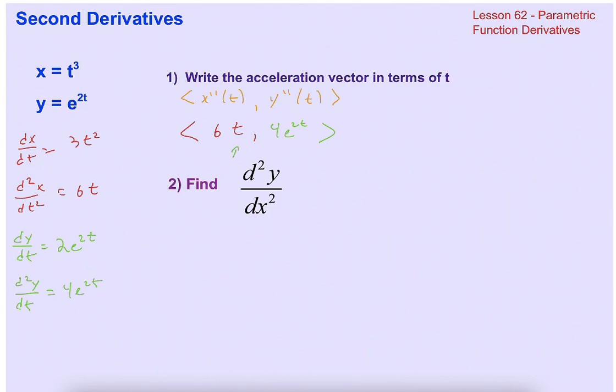Those are pretty straightforward. The trickier one is the second derivative of y with respect to x. And the reason why that's trickier is because we spoke about this in the last class. When you find dy/dx, you do that by finding the derivative of y with respect to t, which we already know is 2e to the 2t, and dividing it by the derivative of x with respect to t, which we know is 3t squared.